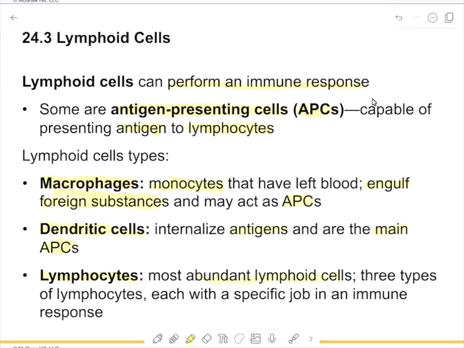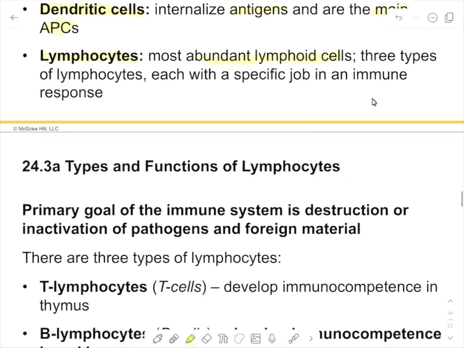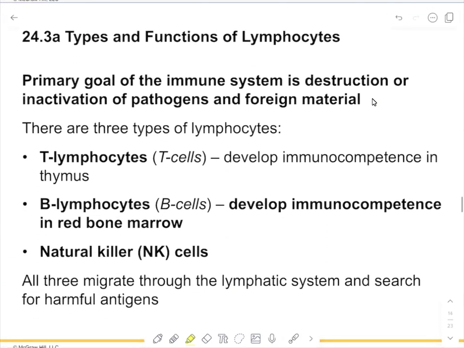There are 3 types of lymphocytes, each with a specific job in an immune response. Those types are T lymphocytes or T cells, B lymphocytes or B cells, and natural killer cells. The main goal of the immune system is destruction and inactivation of pathogens and foreign material.